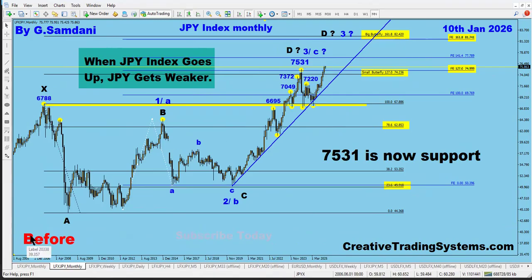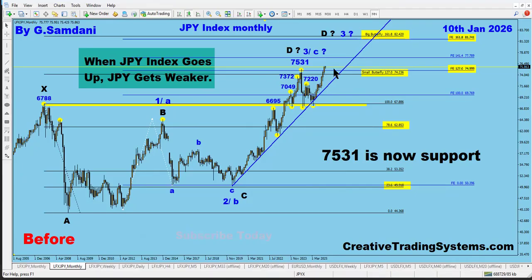My chart is right here, from 2005, so we don't even need to look back before that. That's more than 20 years already, right? 2005, 6, 7, 8, 9, and 18, 19, 20, and now we are at 26. So that's enough. This is the highest point we are at right now.